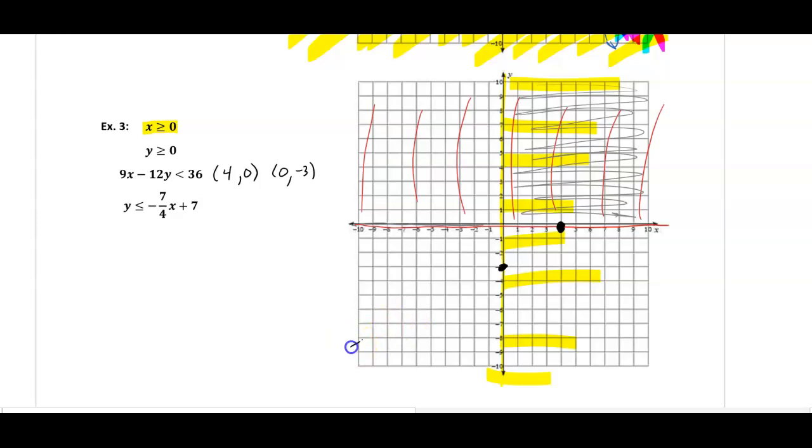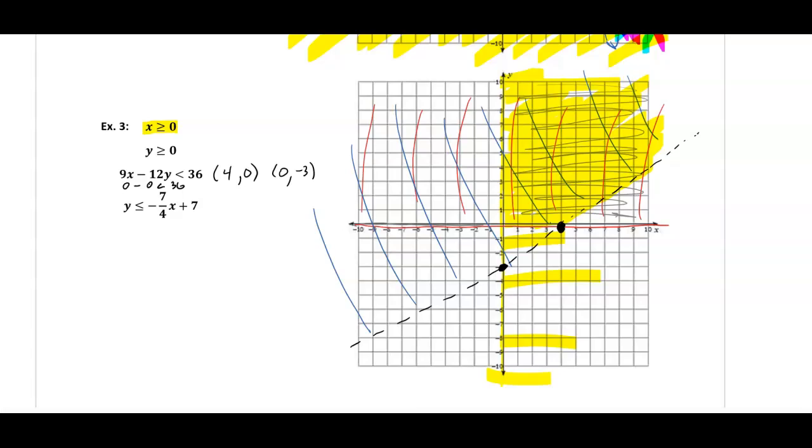I know that's going to be a dotted line, like such. And if I plug (0, 0) in, is 0 minus 0 going to be less than 36? Yes. Therefore, I know I'm going to shade above this line. So right now, if you think about it, the region I'm focusing heavy on is this region here. And I still have one more line to go.